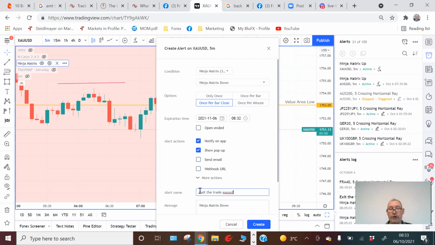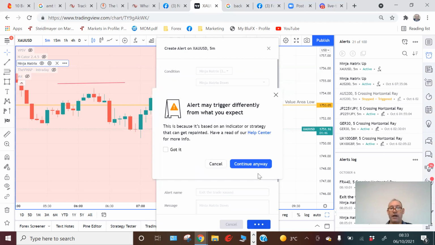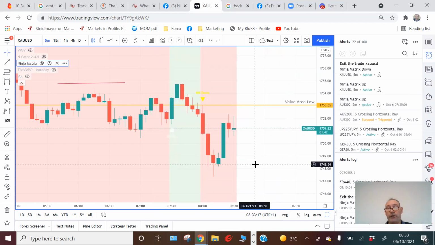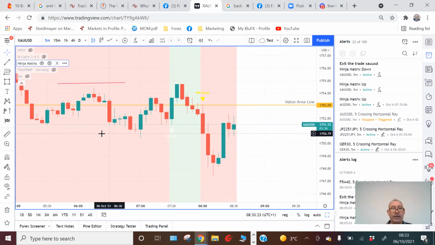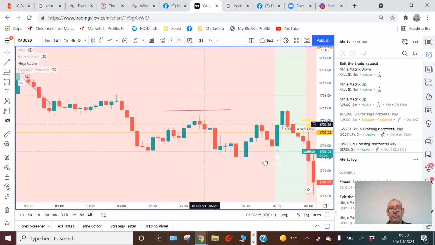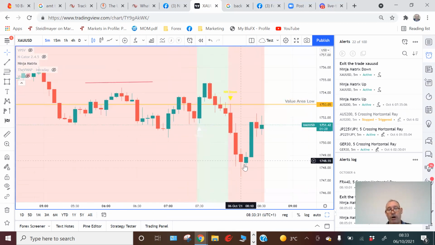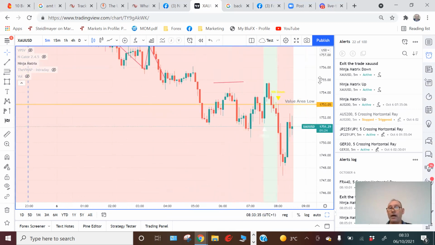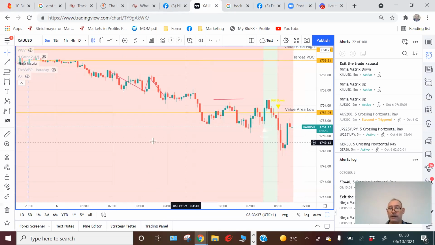You can do that or not, or you can say potentially exit the trade. But so it comes up on my phone, on my computer, and I'm saying, whoa, it's a strong message: exit the trade. I like the idea of a strong message. That way, it captures the potential to the end of the run. It would have been a little bit more, but hey, we would be happy with what we've got. Questions, please.